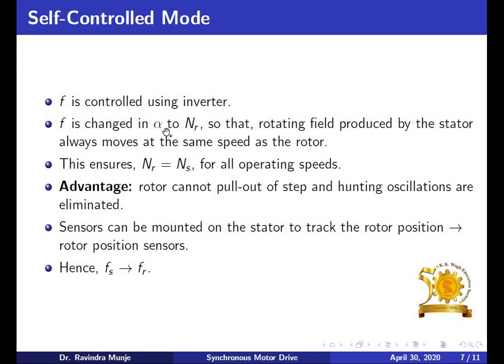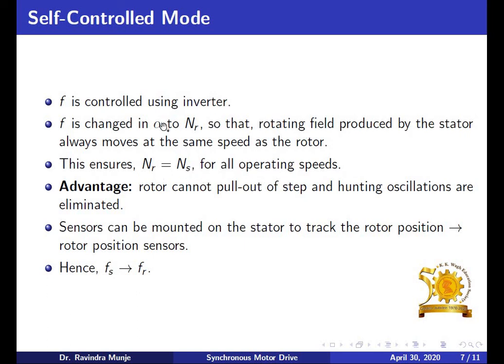so that the rotating field produced by the stator always moves at the same speed as that of the rotor field. This ensures Nr is equal to Ns for all operating speeds.